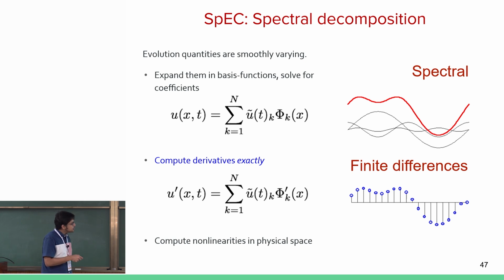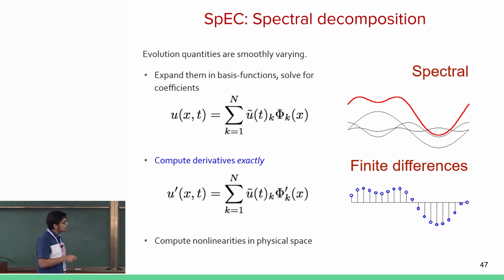The choice of these basis functions is actually very important to achieve good convergence. So if your final solution is expected to look like a Fourier series, you might as well use those instead of polynomial basis functions, to ensure good convergence and so on.